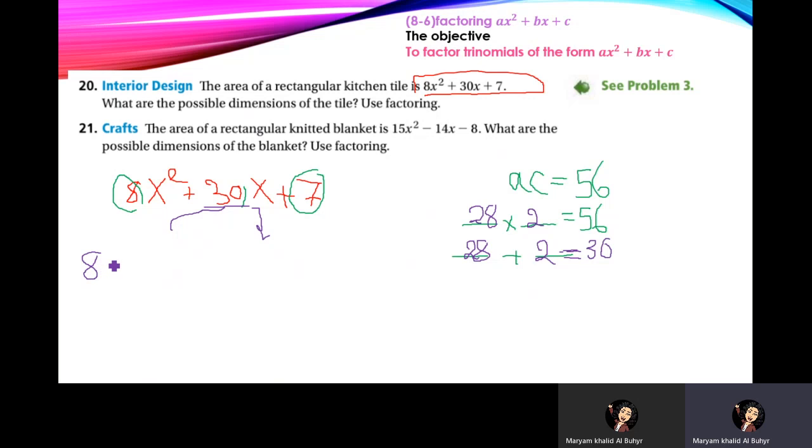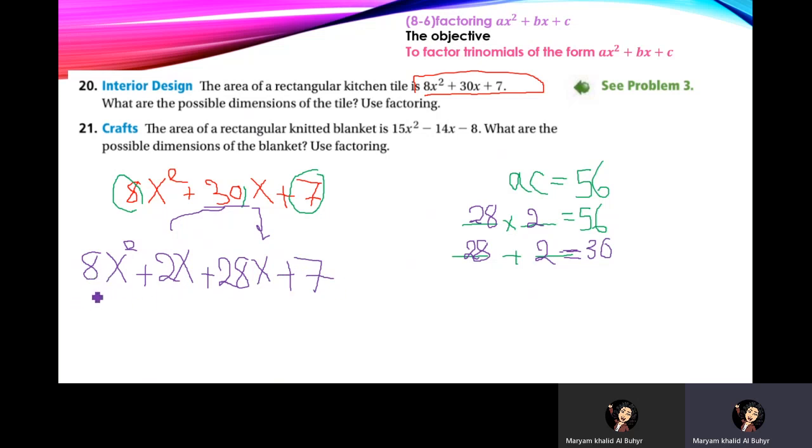So I will drop 8x to the power 2 plus 2x plus 28x, I will drop my 7 plus 7.